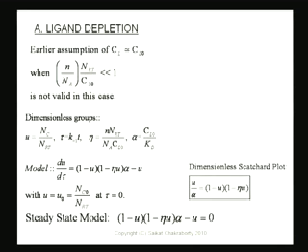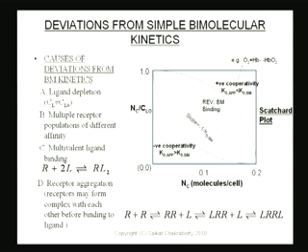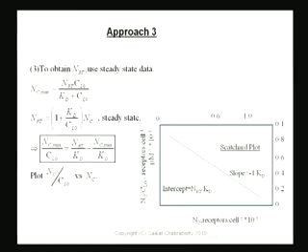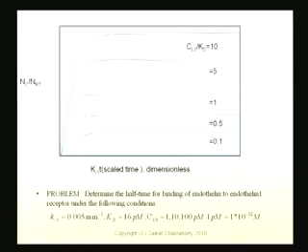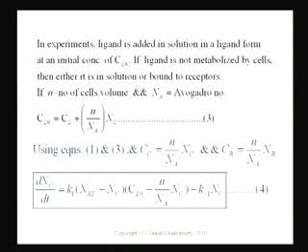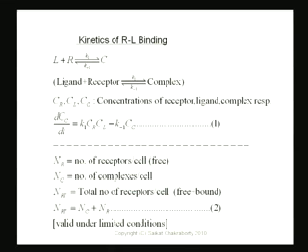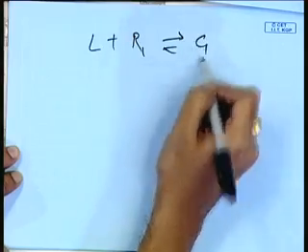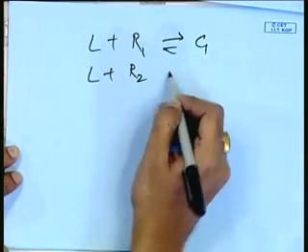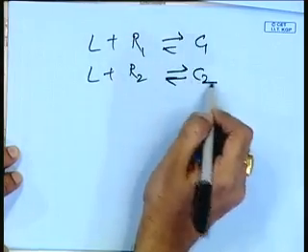So let's go back to the old model, and then you can tell me how you're going to model it. This was the old model I had, right? Now I tell you very clearly that the receptors do not interfere with each other. So what will happen? You'll have these 2 sets of reactions, L plus R1 giving C1, and L plus R2 giving C2, right?